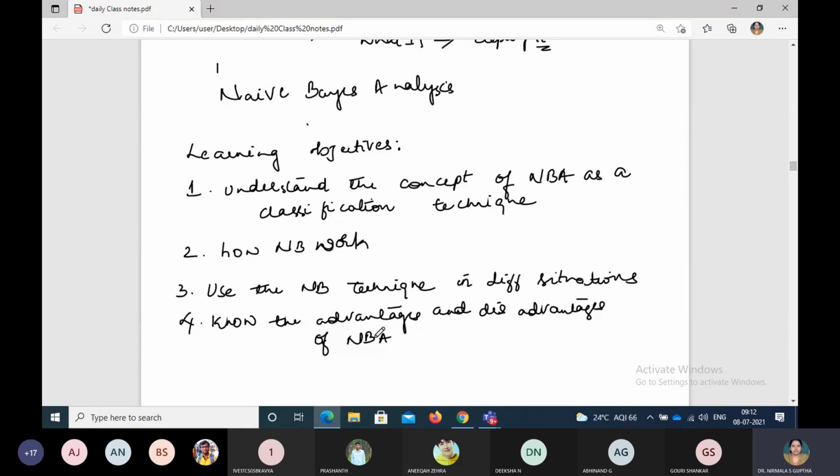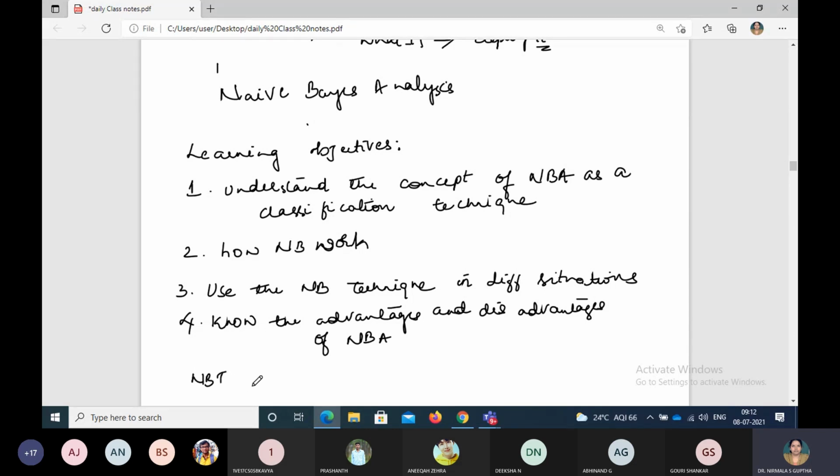Okay, so let us quickly do the intro, the brief on the understanding of the concept of naive-Bayes analysis. As I mentioned, naive-Bayes analysis is a classification technique, right? So naive-Bayes technique, I'll write it as a short form.